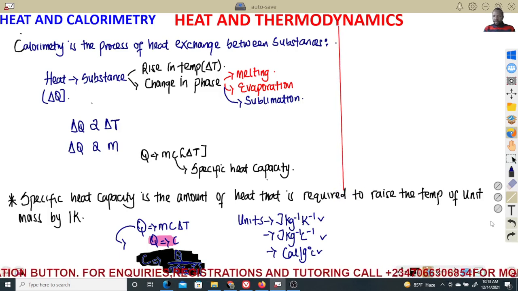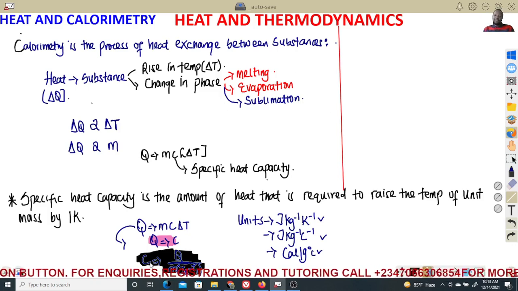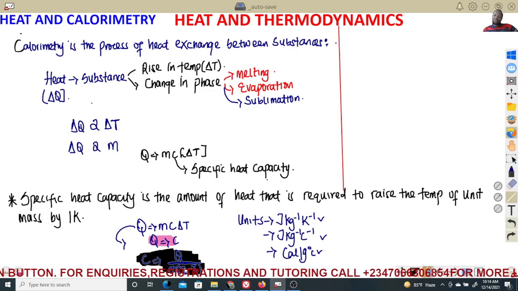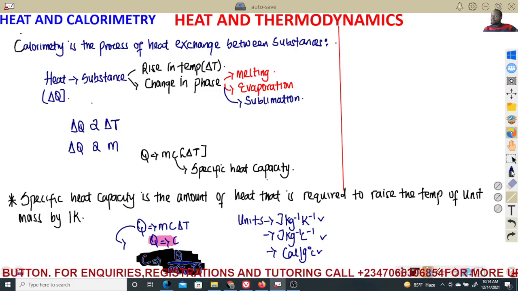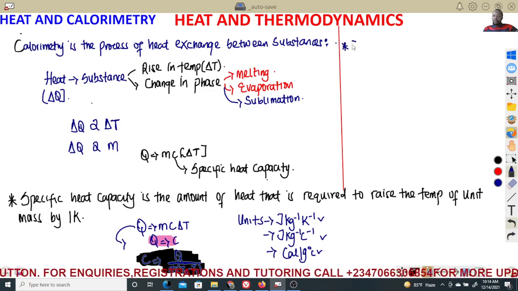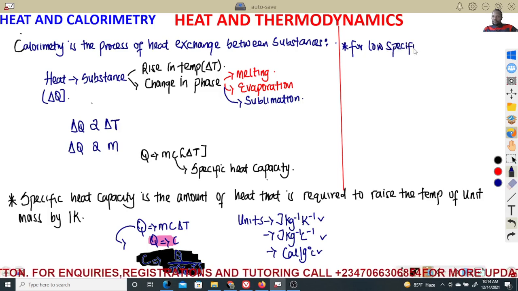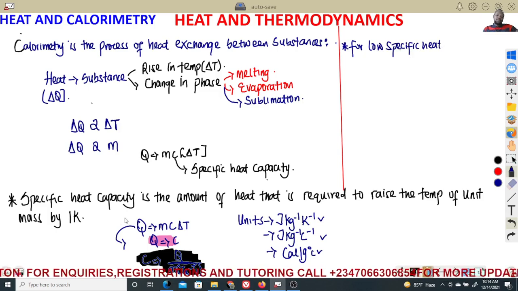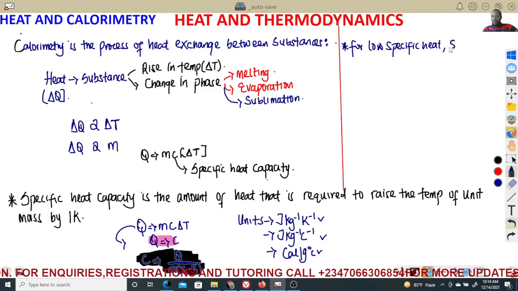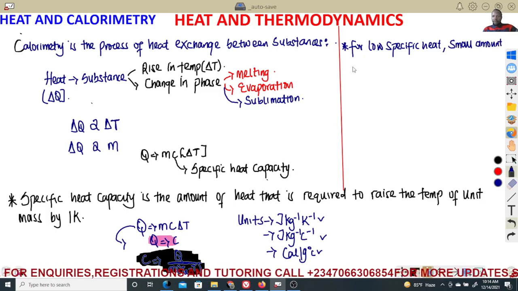Now, what I want to tell you here is that I want to quickly set a relationship between the specific heat capacity of a substance, the quantity of heat, and the mass with respect to temperature. Now we can just write a note and keep it at the back of our mind: for low specific heat, that is a substance with low specific heat, you can say small amount of heat.